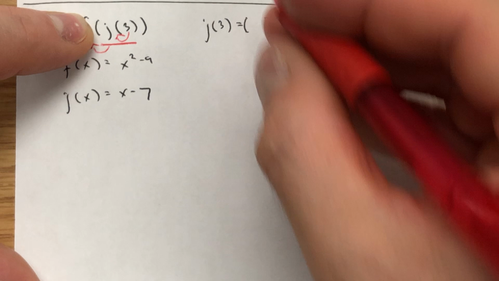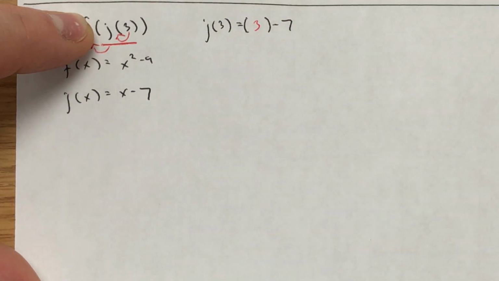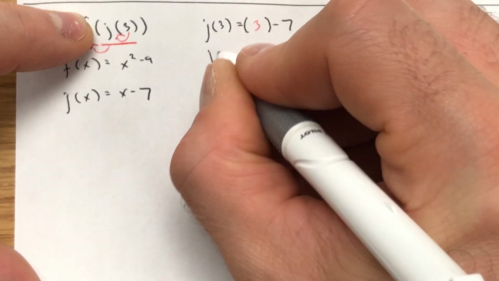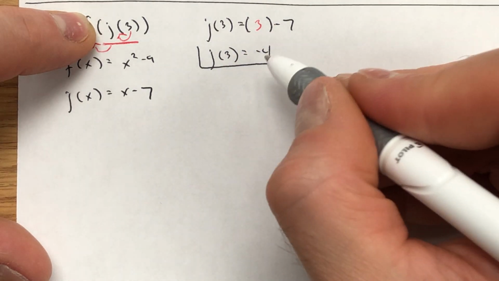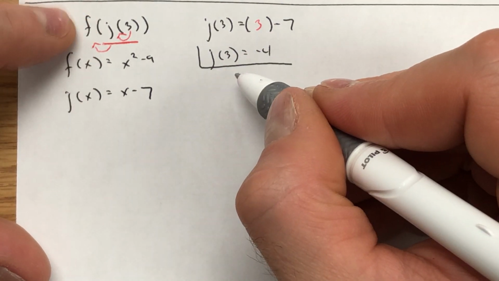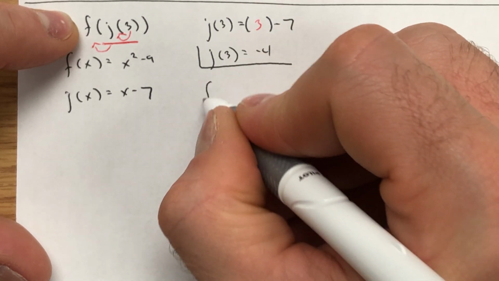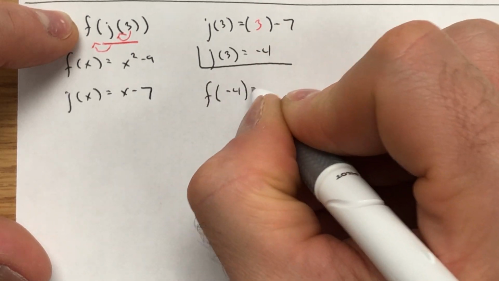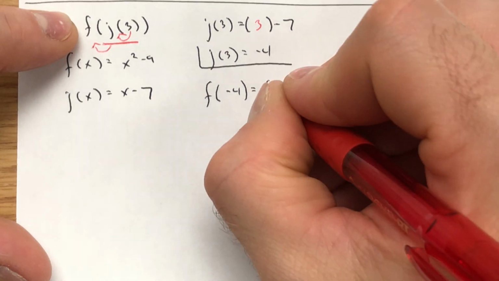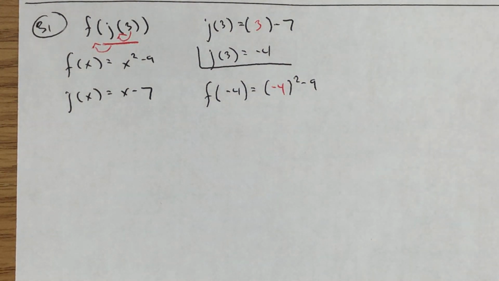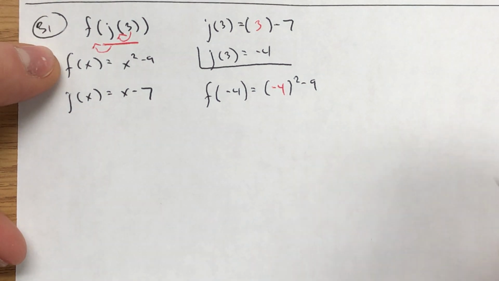J of x is whatever that is minus 7, 3 minus 7. So j of 3 is negative 4. I take that negative 4 and I plug that into f. So I take that negative 4, which is what j of 3 is, plug it into f.